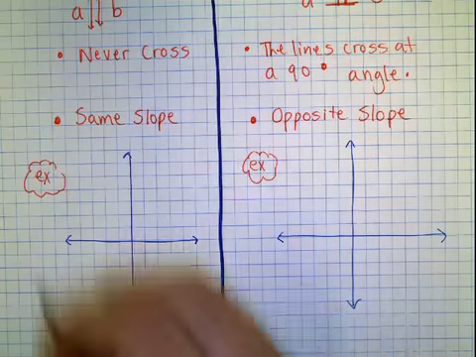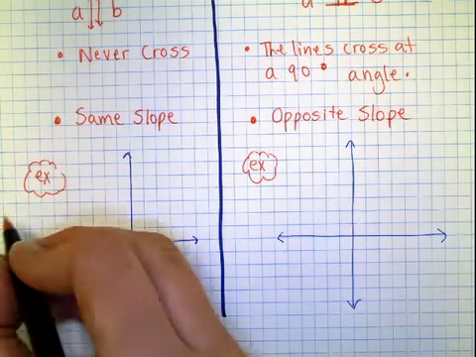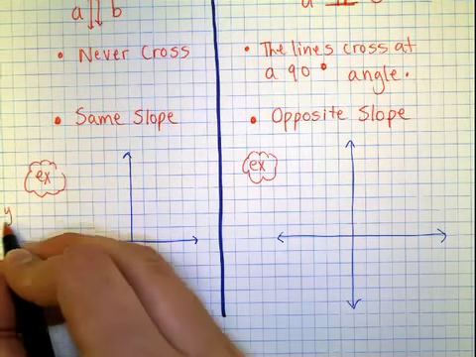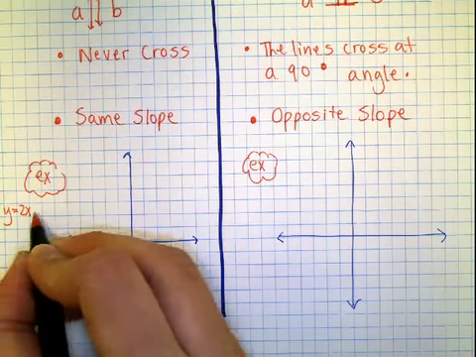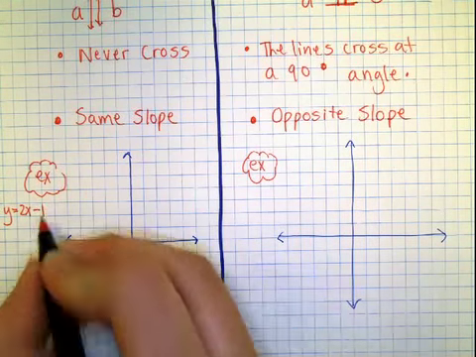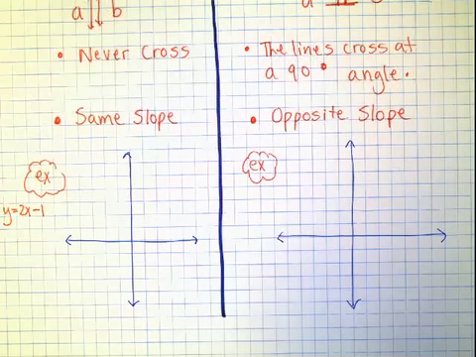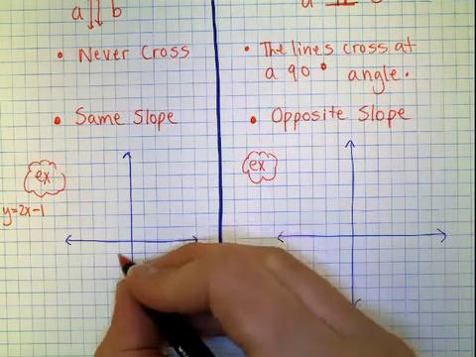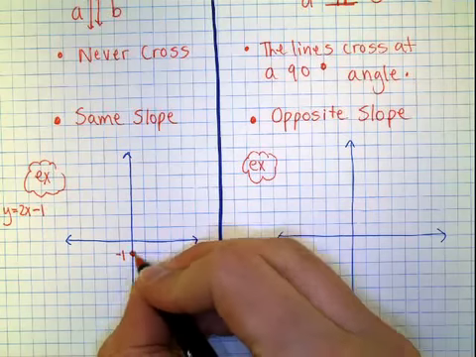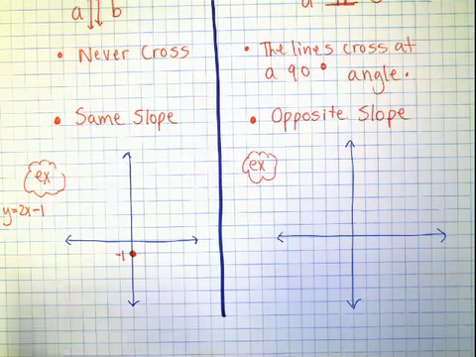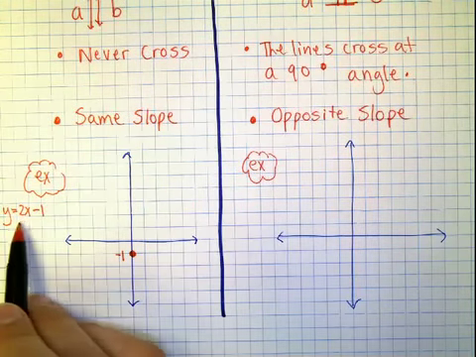What I'm going to do is on this first graph, I'm going to graph the equation y equals 2x minus 1. And that's an easy graph. By now, you're really good at lines. So we know the graph starts at -1, which is right here. And we know that the graph has a slope of 2.